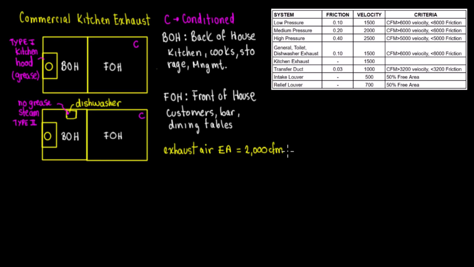Number one, it is very important to contact the representatives. In here I'm going to put rep, or the kitchen consultant. You can contact Captive Air, those are the most common. You can contact Loren Cook.